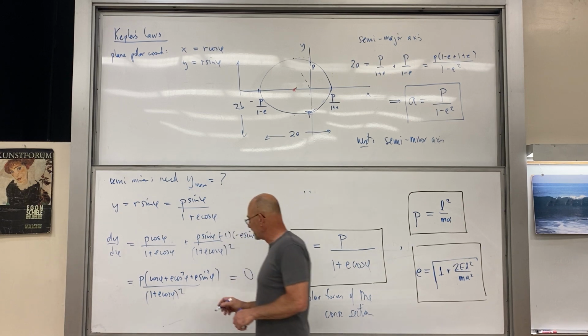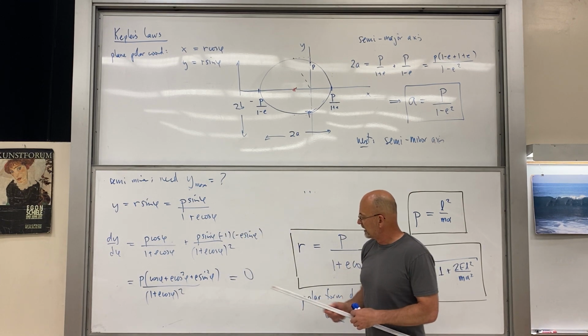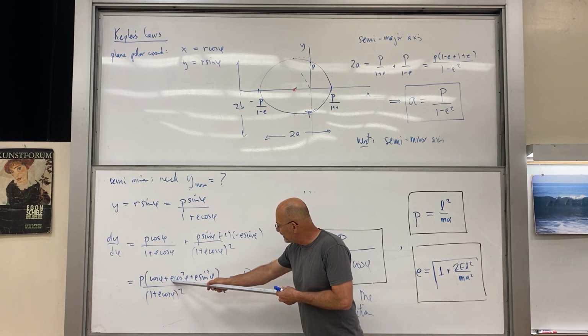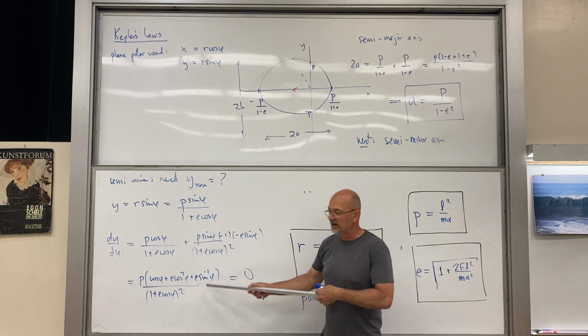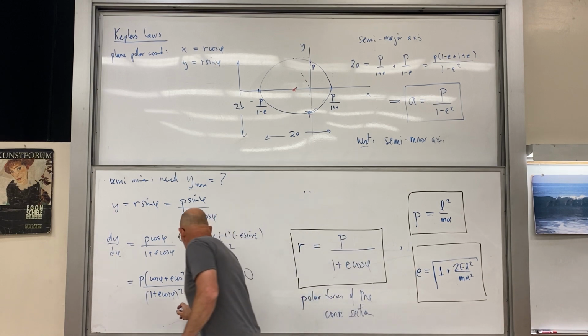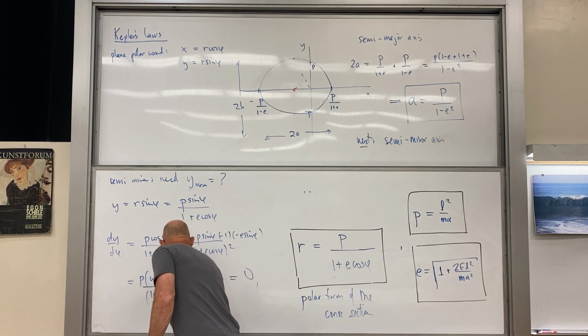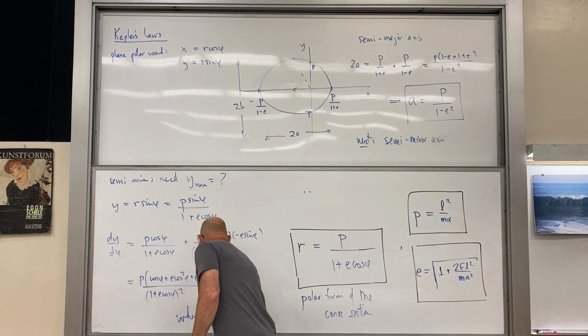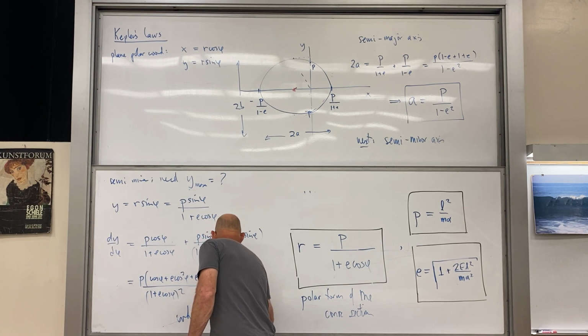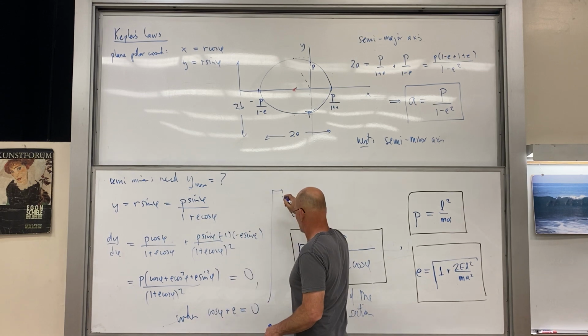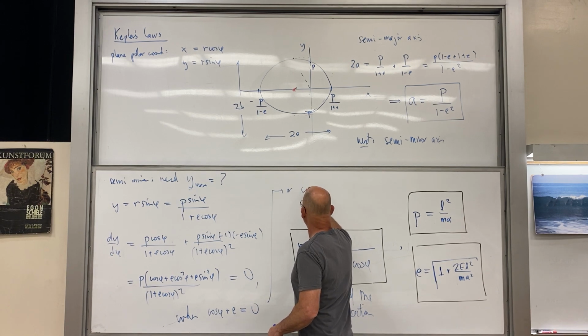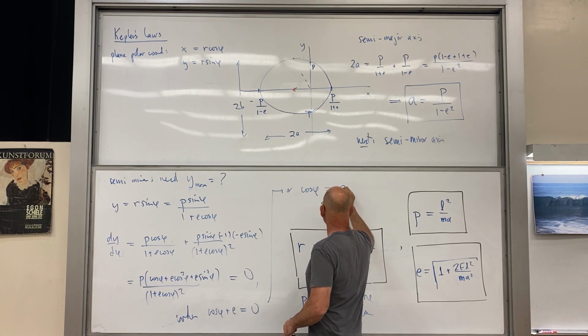And when is that going to be equal to 0? We're going to have cosine phi plus e equals 0, because cosine squared plus sine squared is 1. So that's when cos phi plus e equals 0, or when cosine of phi is equal to minus e.